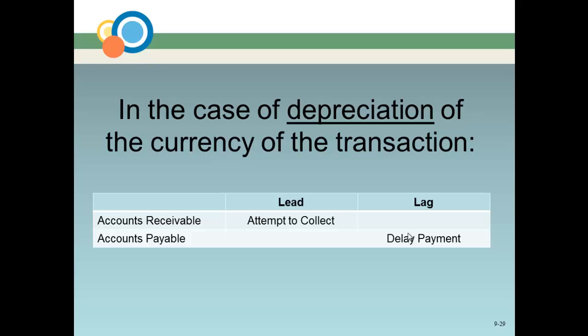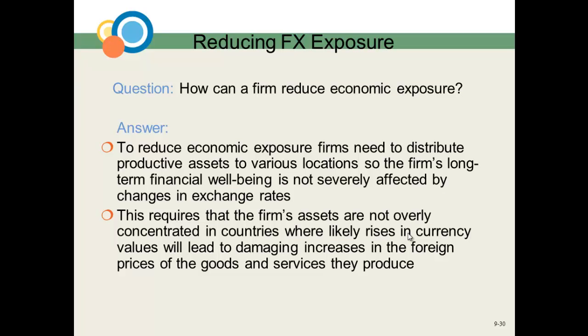You want your money today. And then you're going to delay paying your accounts payable because you want to be able to pay your bills with a cheaper currency. So these two slides explain the difference between the lead and the lag strategies based upon whether or not management thinks that the currency is going to appreciate or depreciate.